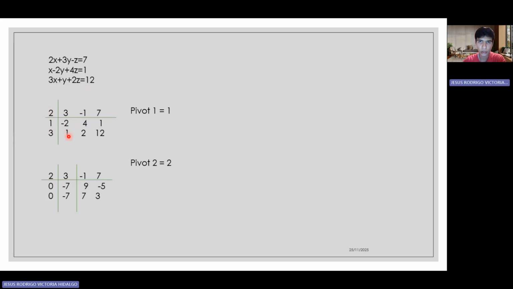2 times 1 is 2, minus 3 times 3. You have to realize that in this case, for the next row, we take the respective values in the pivot column. So it's 2 times 1 minus 3 times 3, that is 2 minus 9, minus 7, and this is the minus 7 right here. 2 times 4 is 8... that is, 2 times 2, 4, minus 1 times 3, it's 4 plus 3, it's this 7 right here.